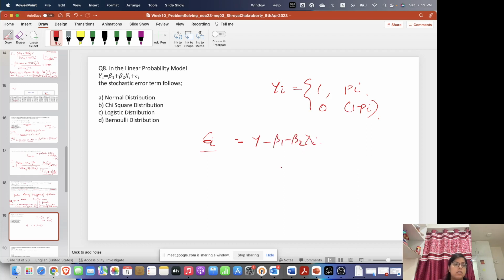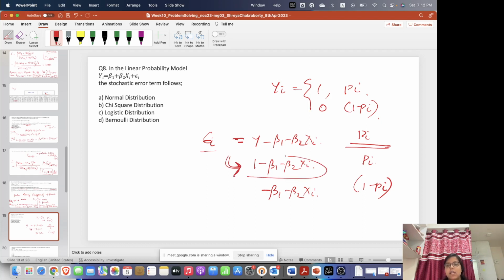So when yi equal to 1, with probability pi, epsilon i value will be 1 minus beta 1 minus beta 2 xi, and with probability 1 minus pi, y will be 0, and at that time epsilon would be minus beta 1 minus beta 2 xi. X is always fixed, so epsilon i is taking two values based on two probabilities.